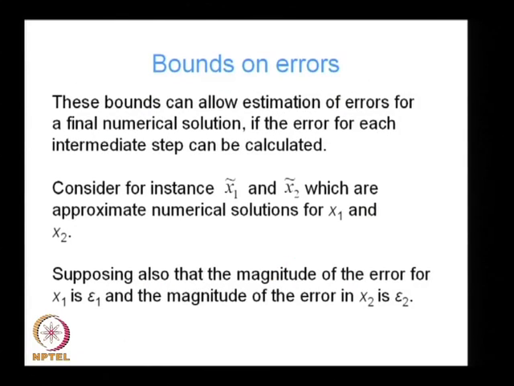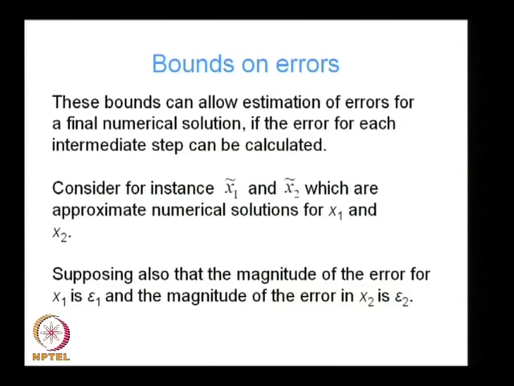So, if we can bound these errors for the simple operations, we can establish bounds for our final numerical solution in case we compute the error for each intermediate step.